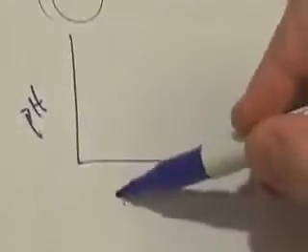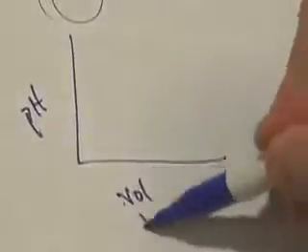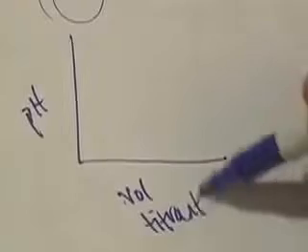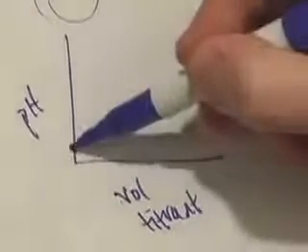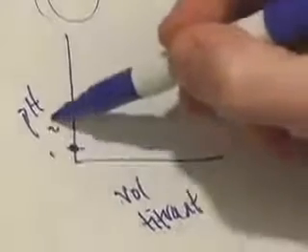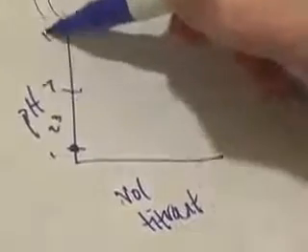Lastly, if you draw a pH titration curve where pH is on the vertical axis and volume of titrant is on the horizontal axis, and let's say that we start with an amount of 1, 2, 3, we'll put 7 right here and 14 way up here.